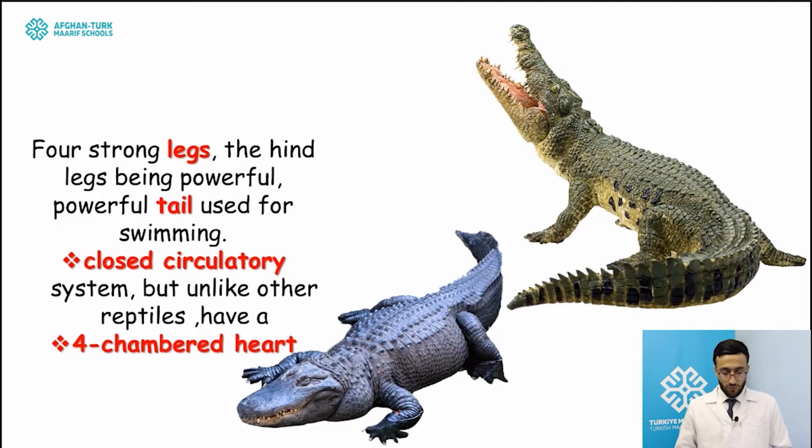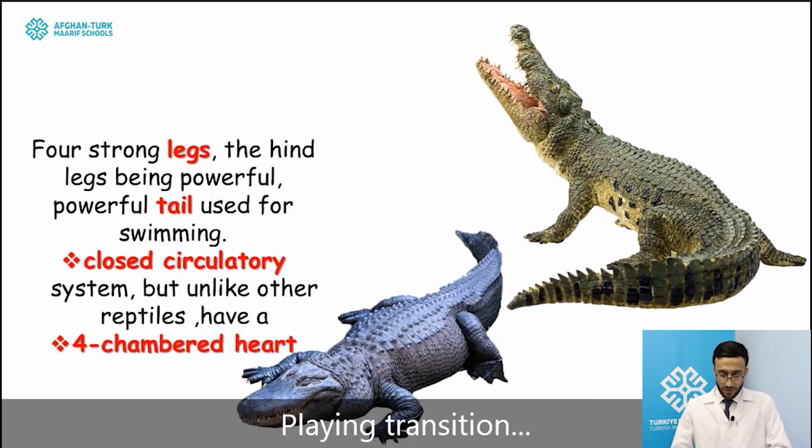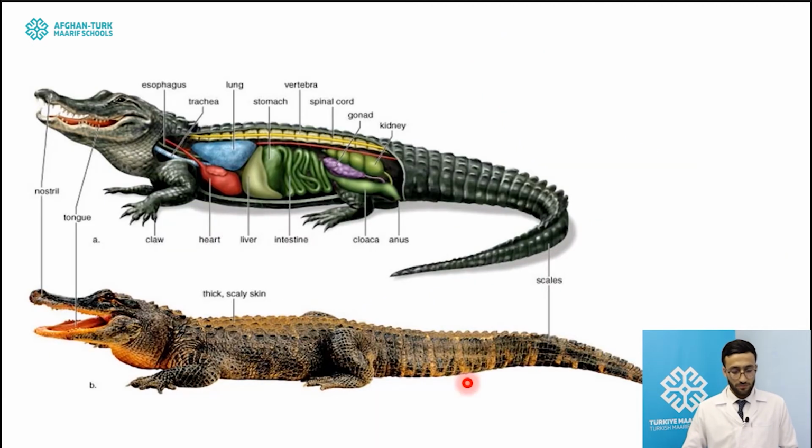And if you want to talk about their internal regions, you can say that most of their systems are well developed. On the outside, you can see only thick and scaly skin and dangerous teeth.